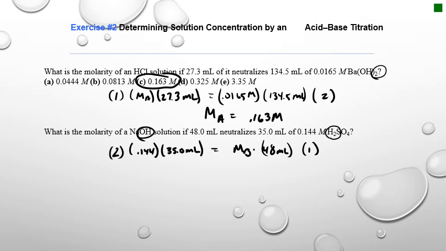So if I take 0.144 times 2 times 35 and then divide that by 48, we end up with the molarity of our base equaling 0.21 molar, 0.210.